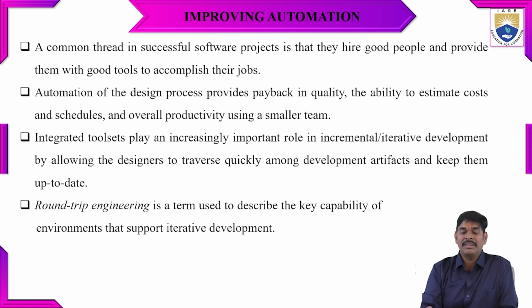Mainly in automation, we also need to write the code as software. So we need to write appropriate code, and we need to hire good people, and these good people must use good tools, so that it will be very helpful and achieve more success in software projects.